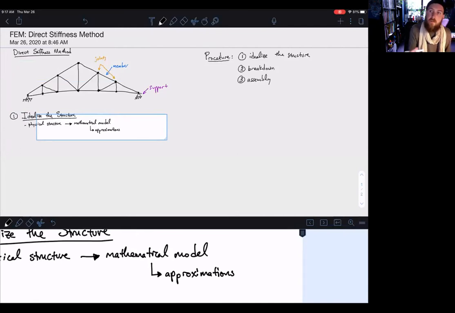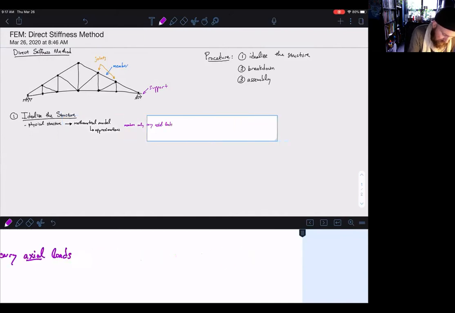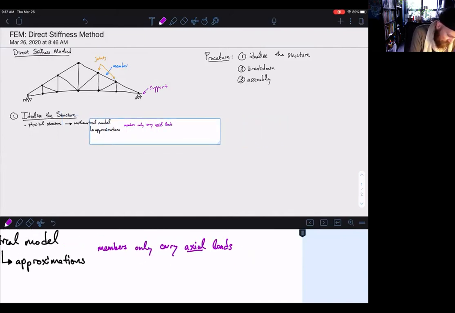For the sake of this very basic introduction to the direct stiffness method, a couple of the approximations we're going to make are that the members only carry axial loads and that the connections are all frictionless. There's various other assumptions we're making in this process, but this just gives you an idea.